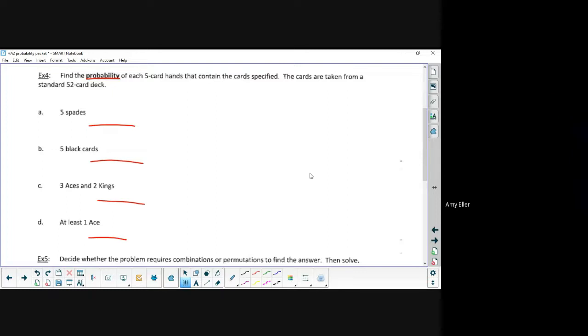So what I want in this one is I want a hand with 5 spades over the total, just all hands possible.